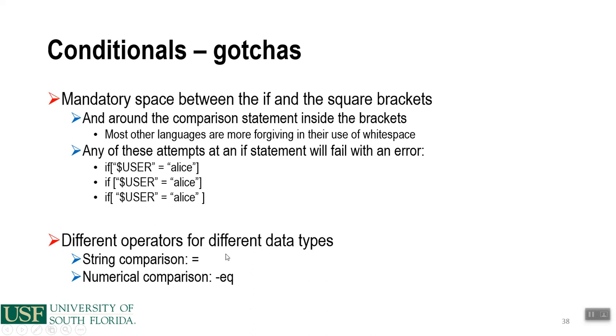For string comparison, if you're comparing text with text, so if it's a user and you're comparing it to Alice right here, these are text, so you're going to use the equal sign. If it's a numerical comparison, so 2 equal to 2 or whatever, you're going to use -eq.